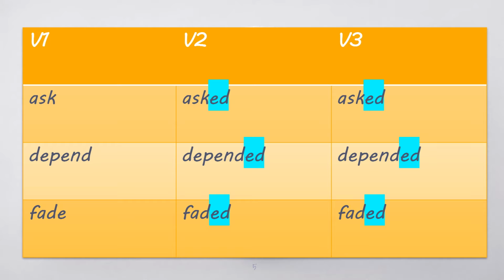In V2 and V3, ed has been used with the base form of the verb. So, ask is V1, V2 is asked and V3 is asked. Similarly, depend, depended, depended. Fade, faded, faded. Let's move on to the next slide.